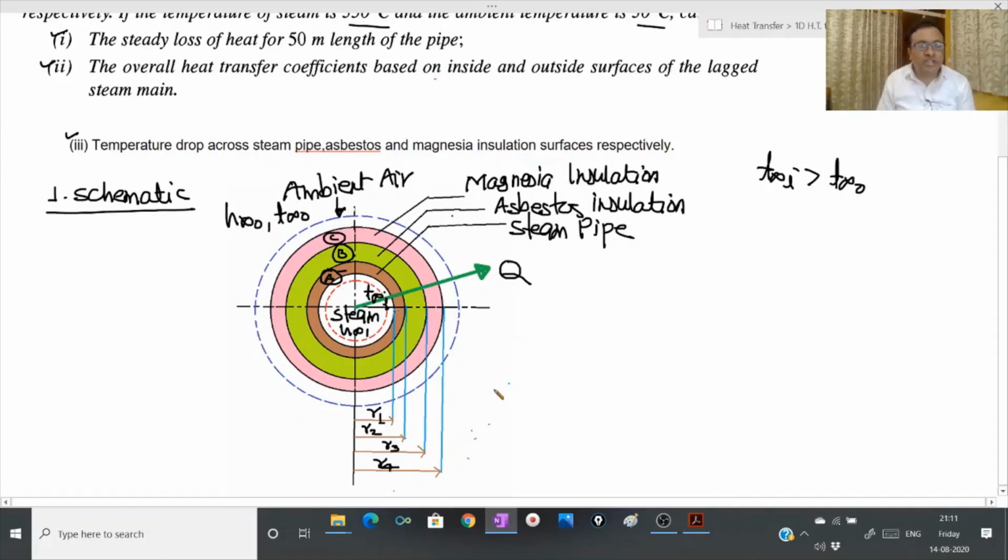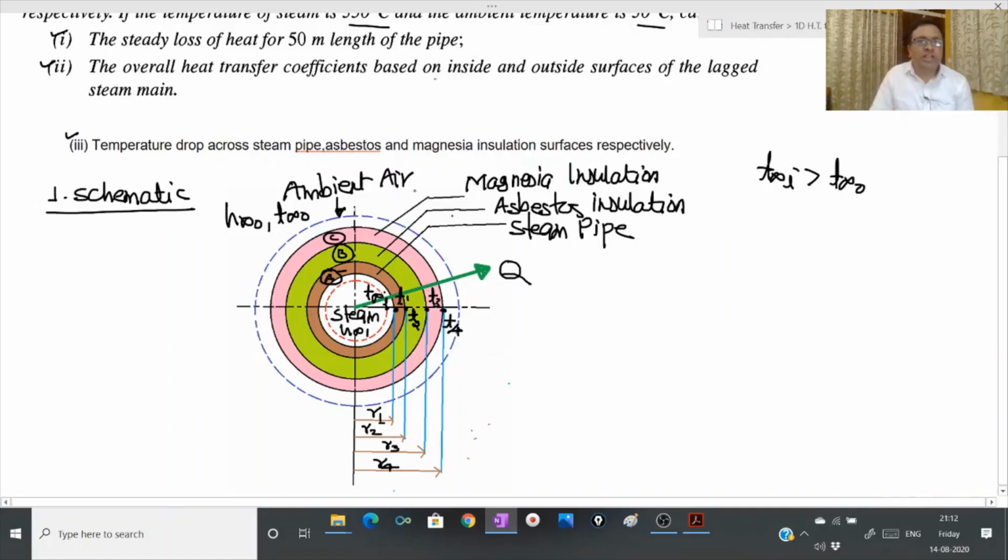And temperatures at these radii are represented by T1, T2, T3 and T4 respectively.